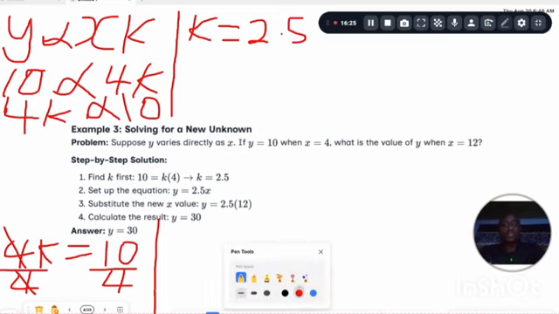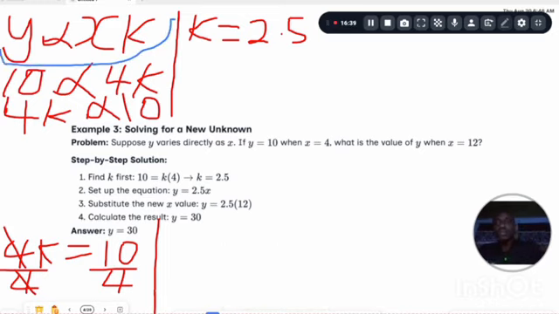Now let me change the color of the pen to blue. Now we want to write the relationship as an equation. I'll be using this part, like I said earlier. I'll be using the parts we have here, and that will just be y varies as xk, but our k now is 2.5.